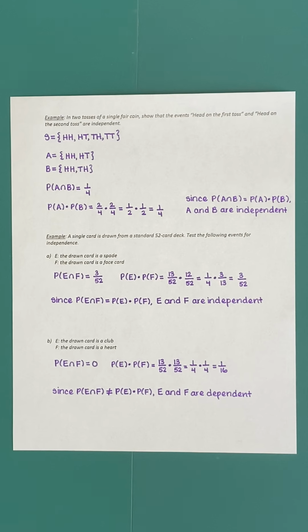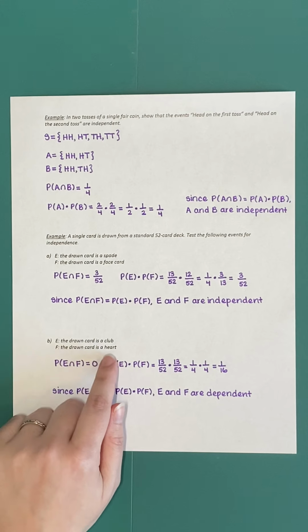So if you draw a club the first time, there are 13 hearts still, but now it's out of 51. Because you drew a club and you now reduced the number of clubs available, but the number of hearts didn't change, there's now a different ratio of cards in the deck. So it'll be 13 out of 51 for a heart rather than 13 out of 52 for a heart. So the probability of getting a heart at that point has changed.